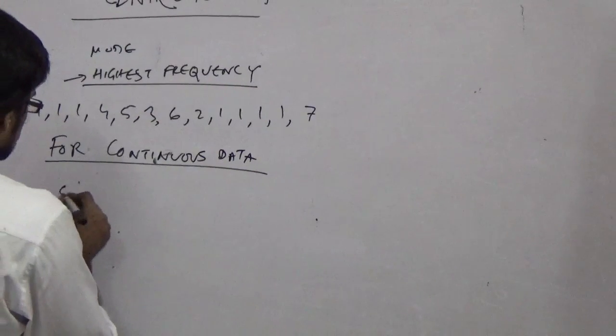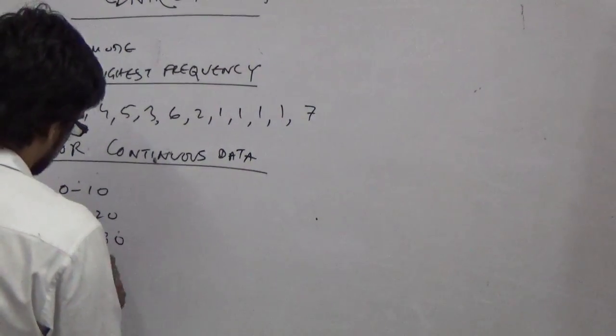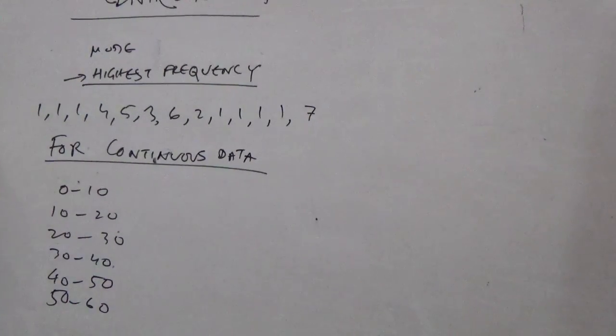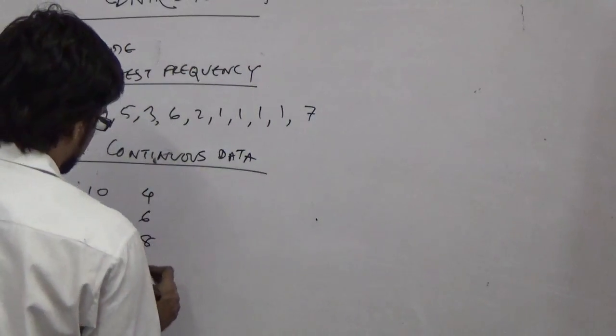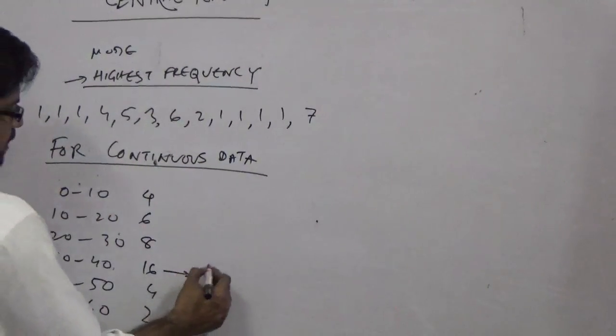For continuous data, it is like 0 to 10, and the frequencies are like 4, 6, 8, 16, 4, 2. So this is the highest.